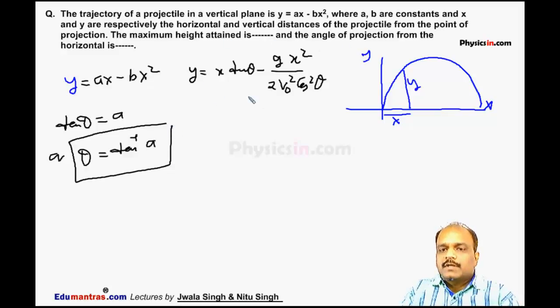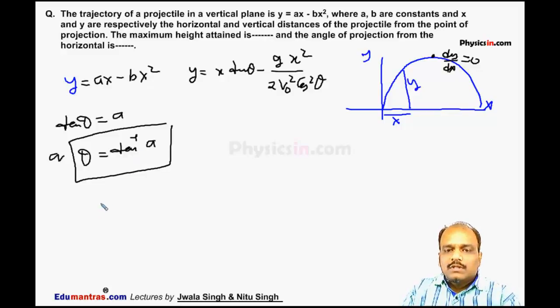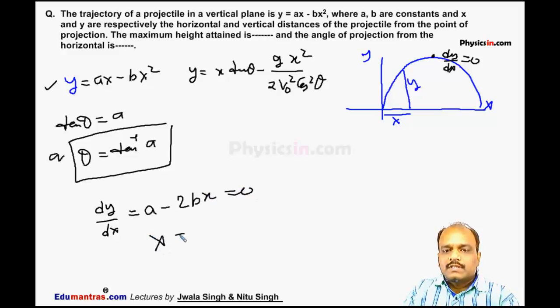Now for maximum height, the particle is at maximum height at this point, where dy by dx is 0. If I differentiate this y, I get a minus 2bx, which is equal to 0. So from here we get x is equal to a by 2b.